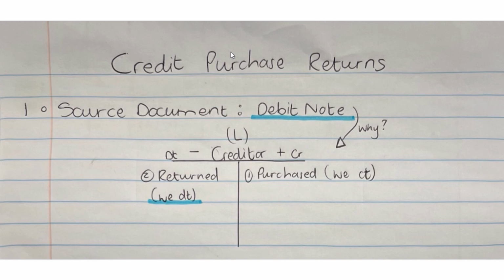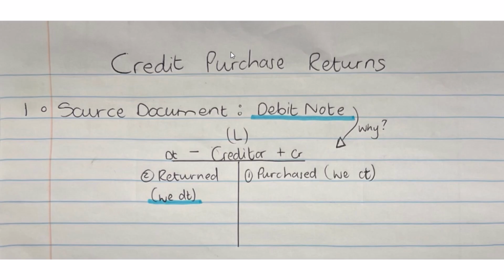But we can also decide to send these trading stock or products back to our supplier, and then we ask them for a complete refund. And this would then also fall under credit purchase returns. Right. So the two different types: one will affect trading stock, so cost of sales, because we are sending the trading stock back, and the other one will not have any effect on that.